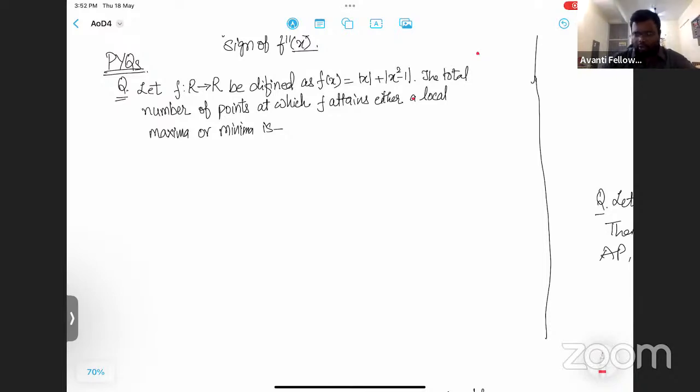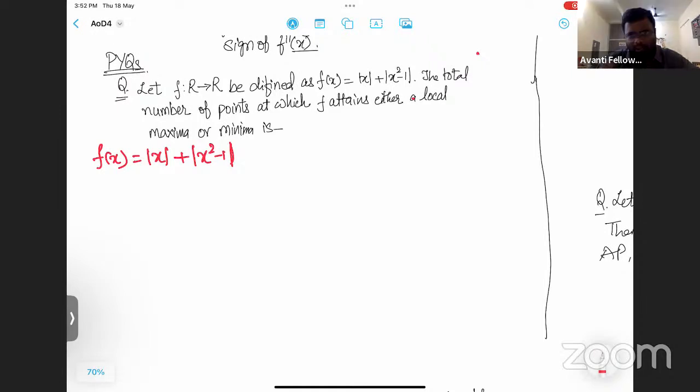Basically, the function we are given is f of x equal to mod of x plus mod of x square minus 1. We need to find how many maxima or minima this function has. There are two ways to do it.